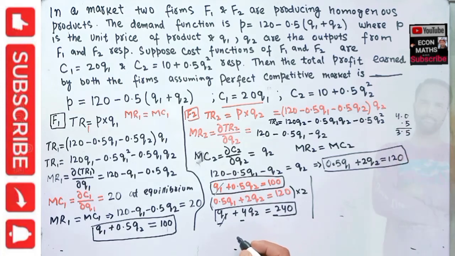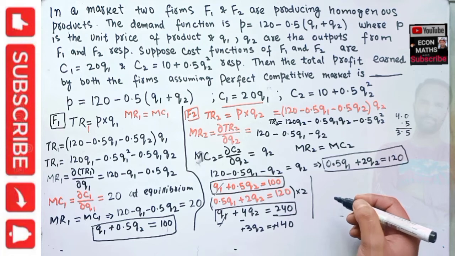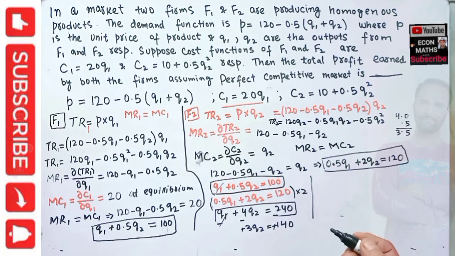So we are left with minus 3.5 Q2 is equal to 100 minus 240, which comes out to be minus 140, so minus minus gets cancelled.